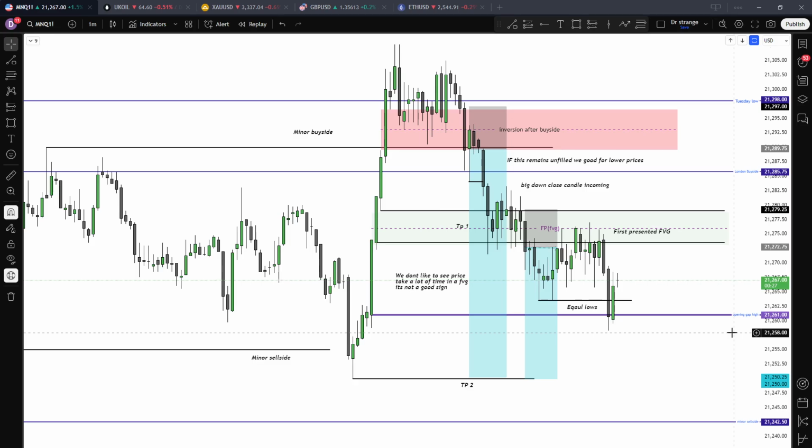Because of bank holiday, we're in discount, and it is not so expensive to buy. And we could buy, take this low. We don't have any confirmation for buys here.